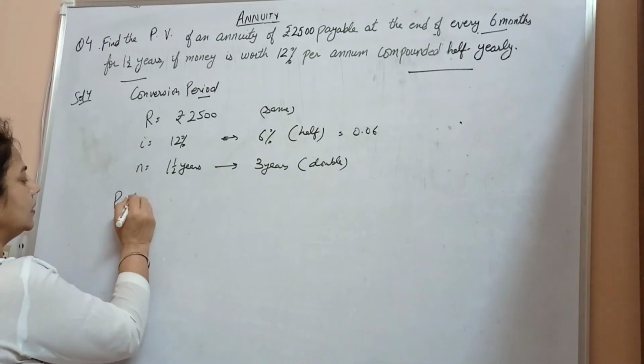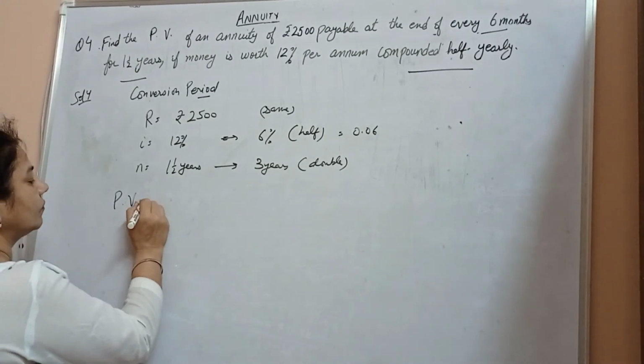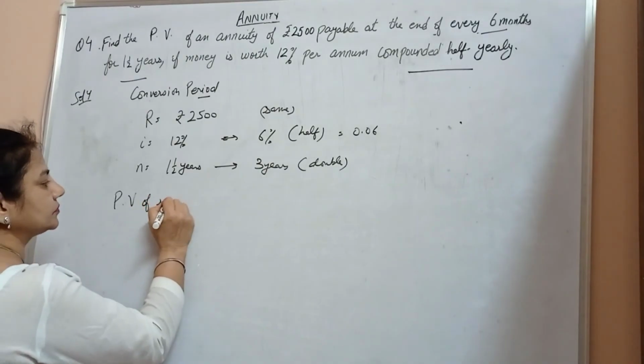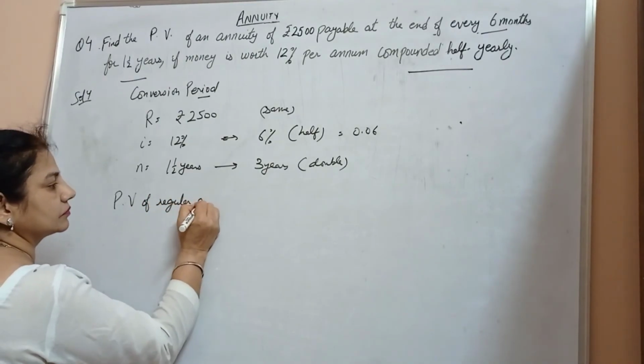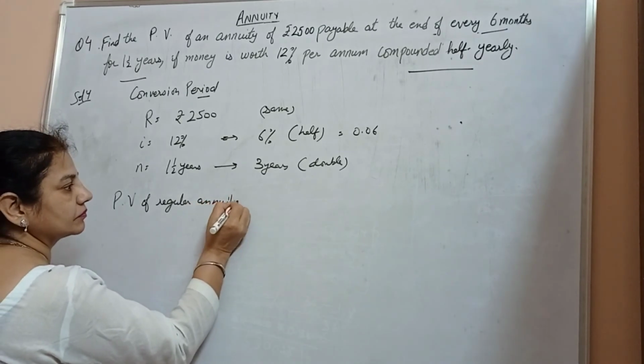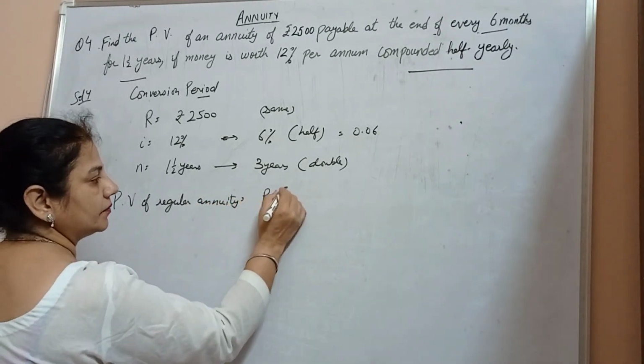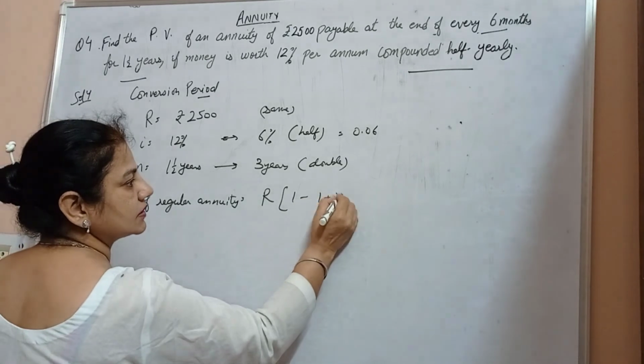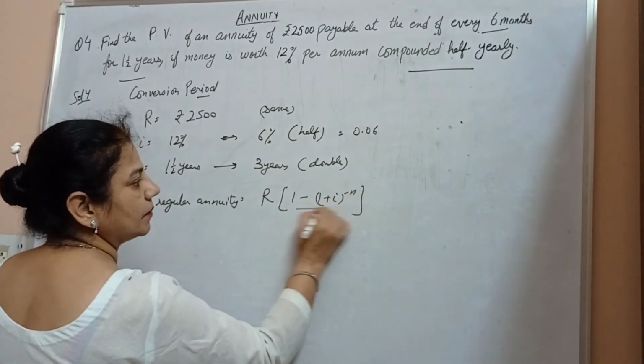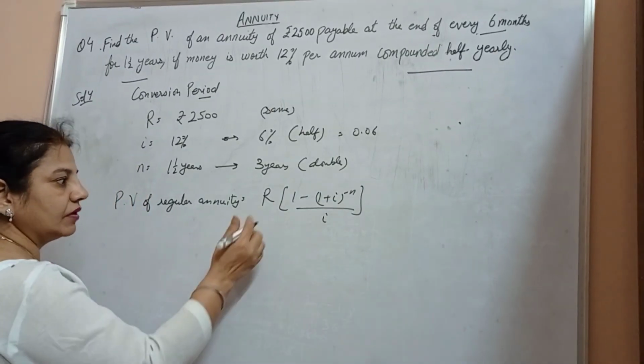Now simply apply the formula. The present value of regular annuity is equal to R times 1 minus (1 plus I) to the power minus n, upon I. Substitute the values.